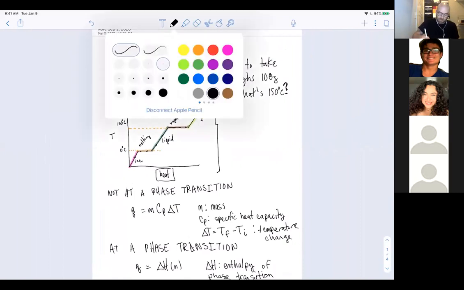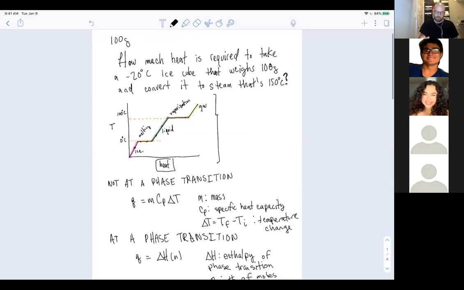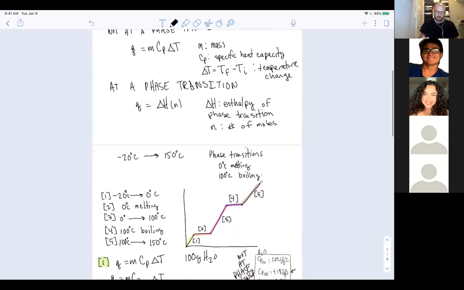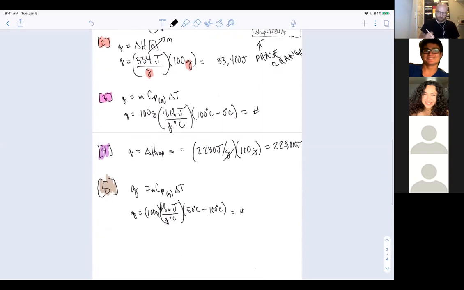There it says steam, that's 150 degrees Celsius. And so in order to do this, every time you go through a phase transition, you have to break up the calculation. So if I'm ice versus liquid, those are two different calculations, and then I have to worry about the calculation for actually going through that phase transition. And in the end, I calculate a Q that's associated with each step, and then I just sum these up.